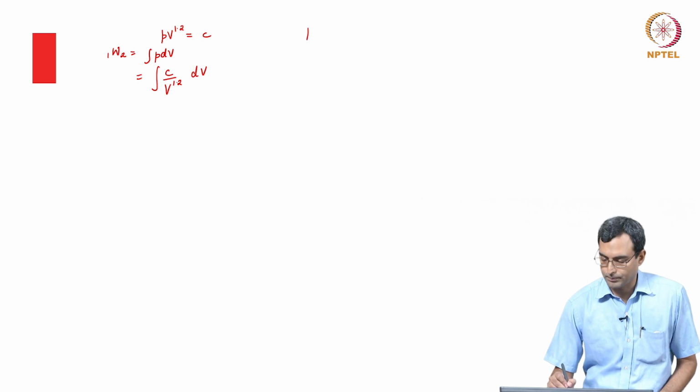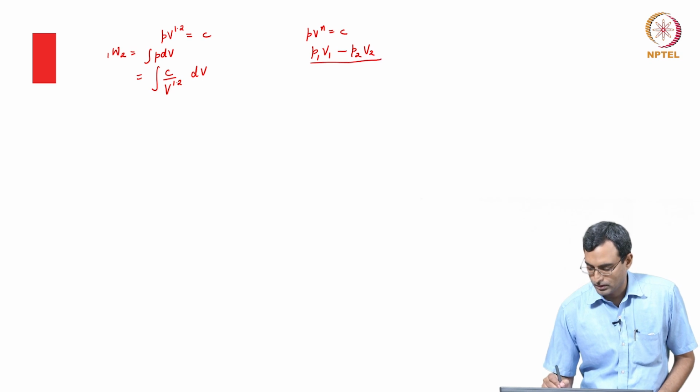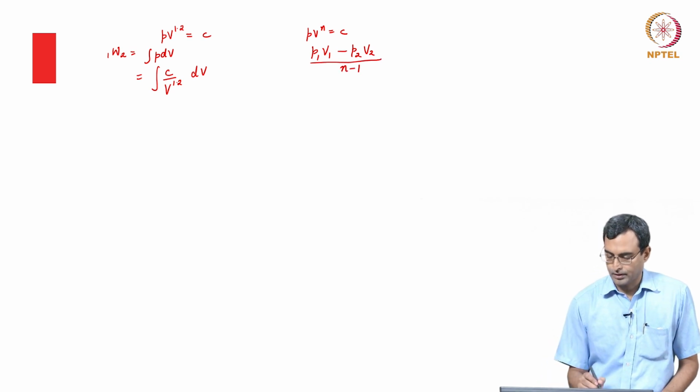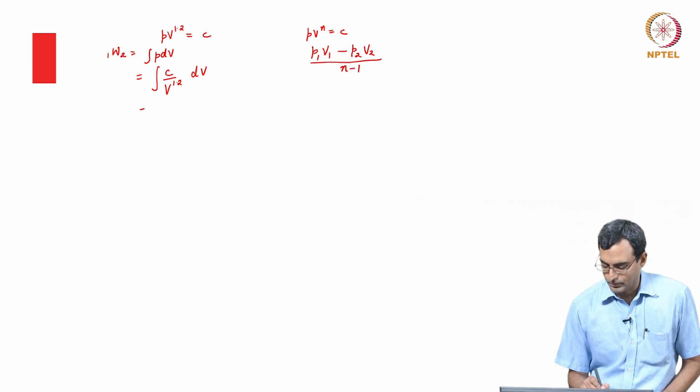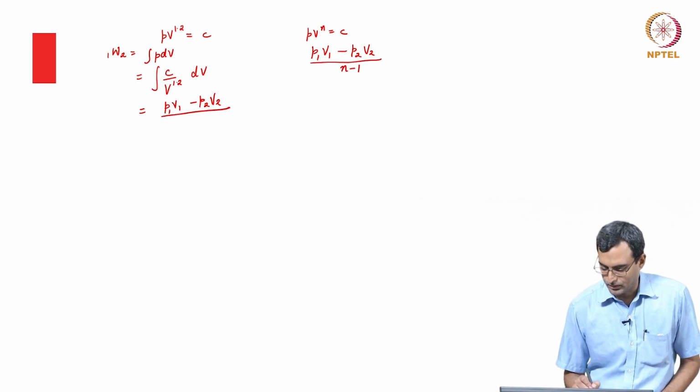So, this is of the form PV to the power n equal to constant. When we integrate it, we get something of the form P1 V1 minus P2 V2 by n minus 1. Here n is 1.2, 1.2 minus 1 is 0.2.